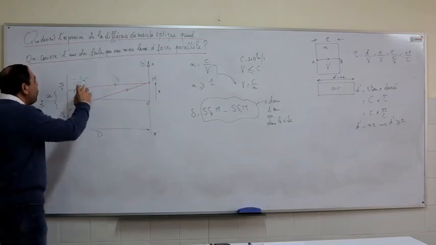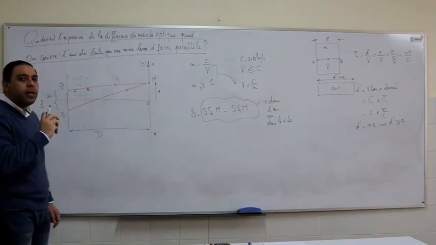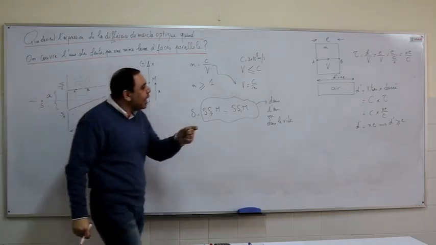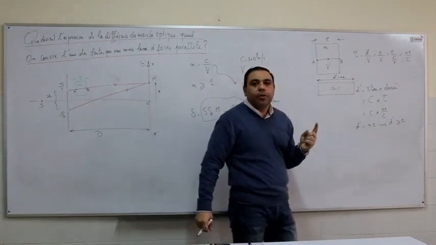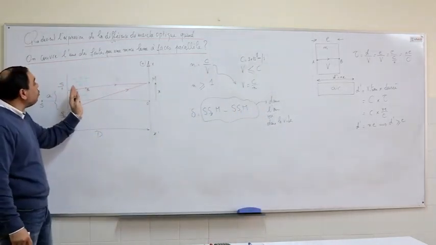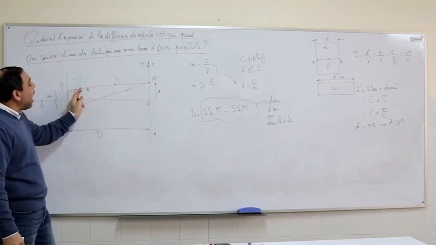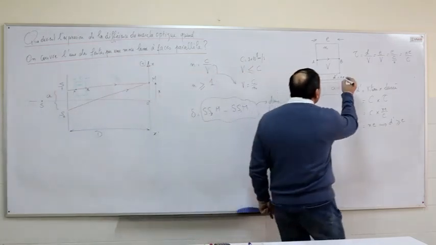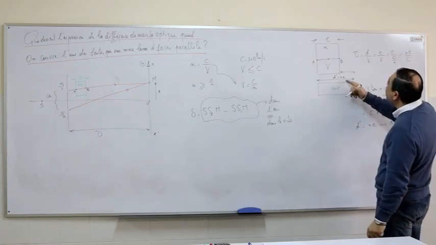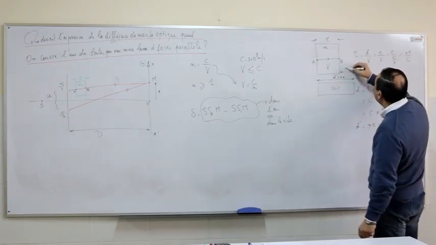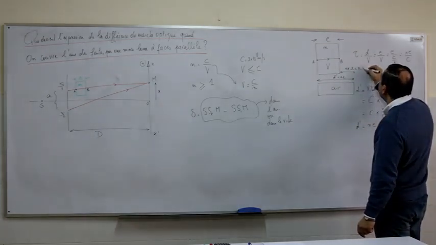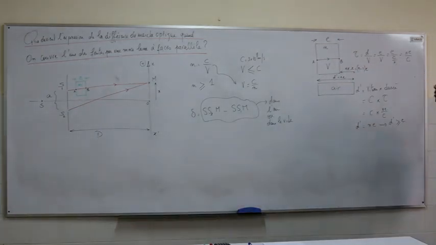Imagine removing the plate and replacing it with a distance nE. That is to say, removing the distance AB and replacing it by nE, or adding to the distance AB a supplementary distance of nE minus E. Therefore, if we want to replace the plate by air, we have to add an additional distance to the path S1M.